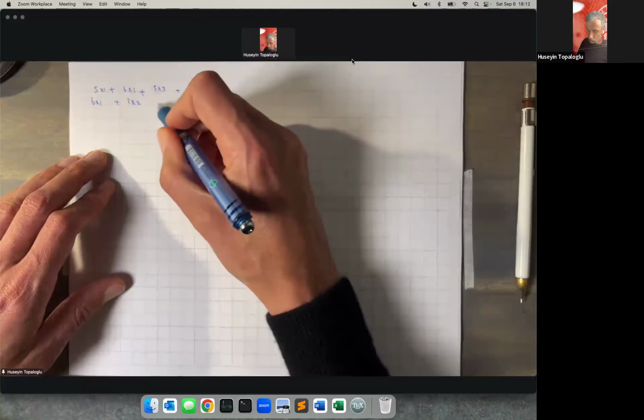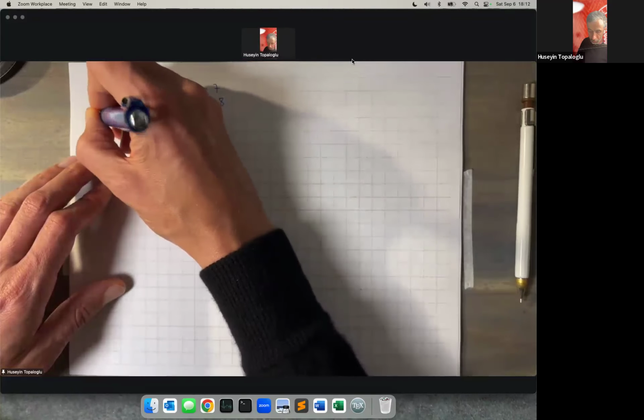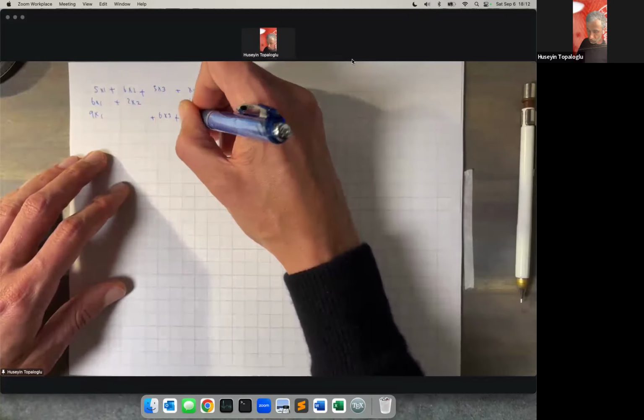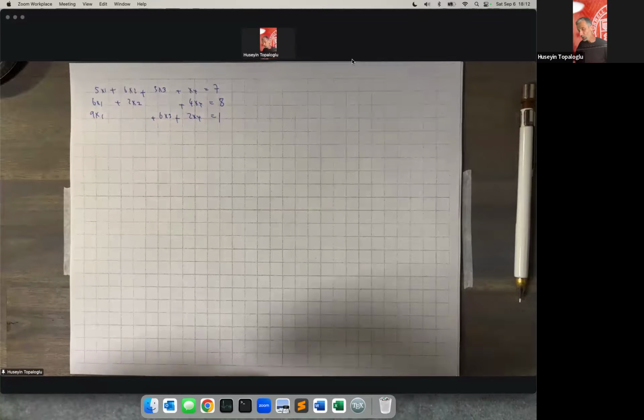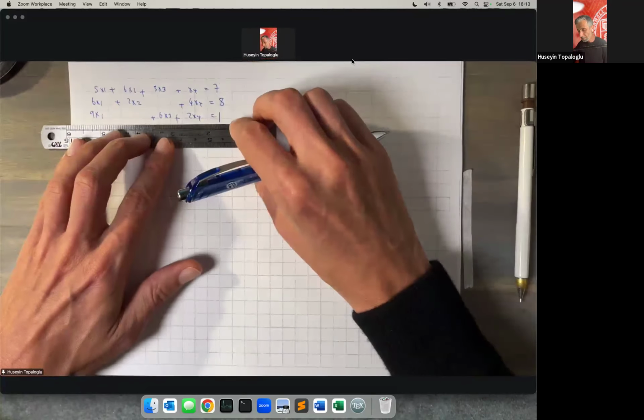Here in the second equation, x3 is appearing with a coefficient of 0. 9x1 plus 6x3 plus 2x4 equals 1. So this is a system of linear equations with 4 variables and 3 equations.